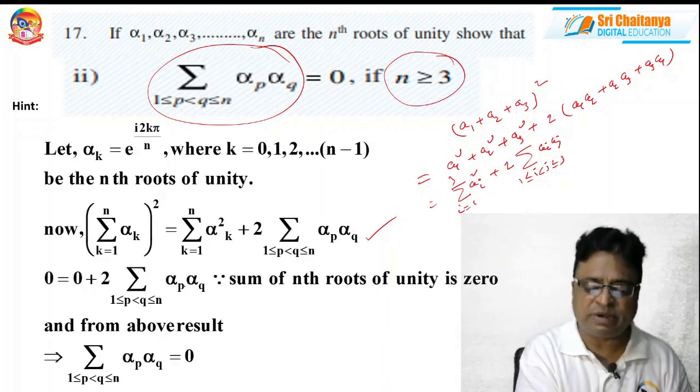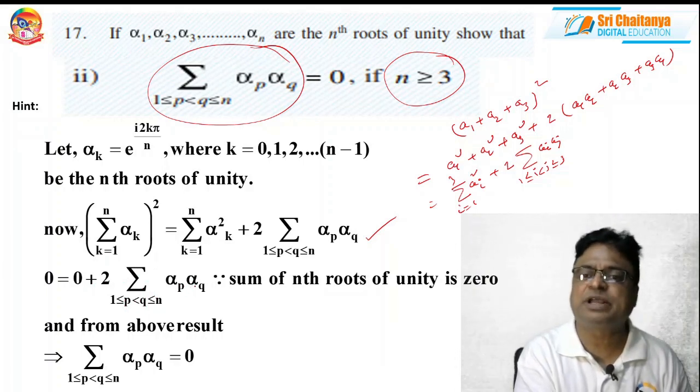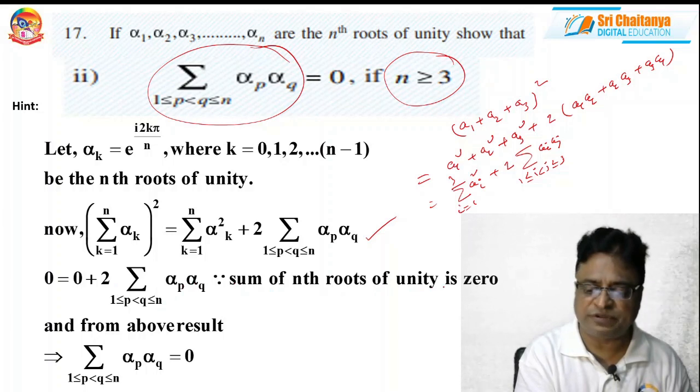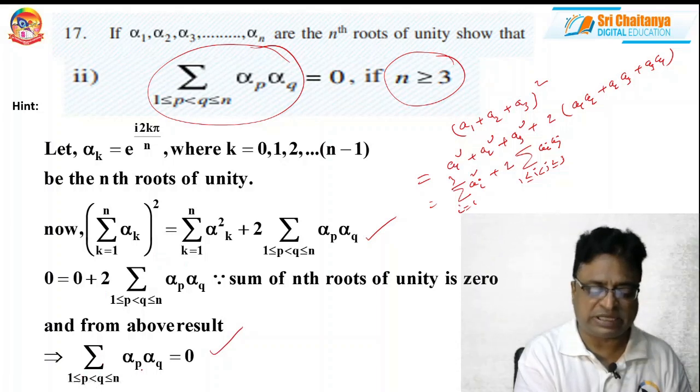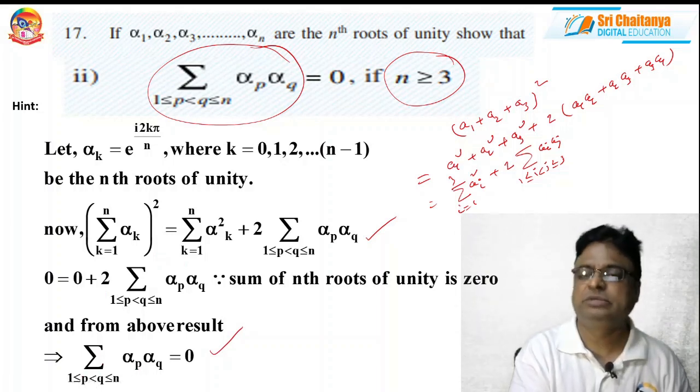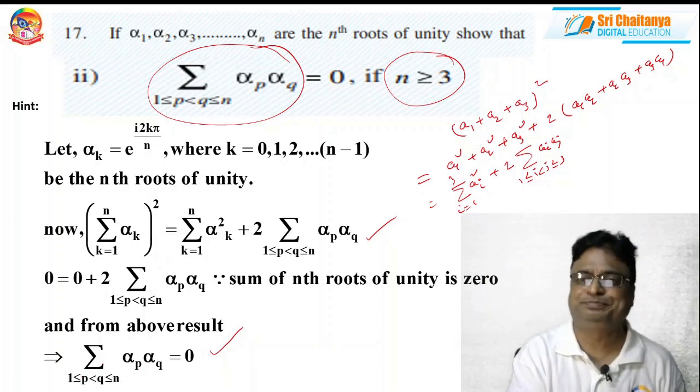So 2 into sigma over 1 less than or equal to p less than q less than or equal to n of alpha p alpha q. The sum of the nth roots of unity is 0, and from the above result, therefore this sigma over 1 less than or equal to p less than q less than or equal to n of alpha p alpha q becomes 0.